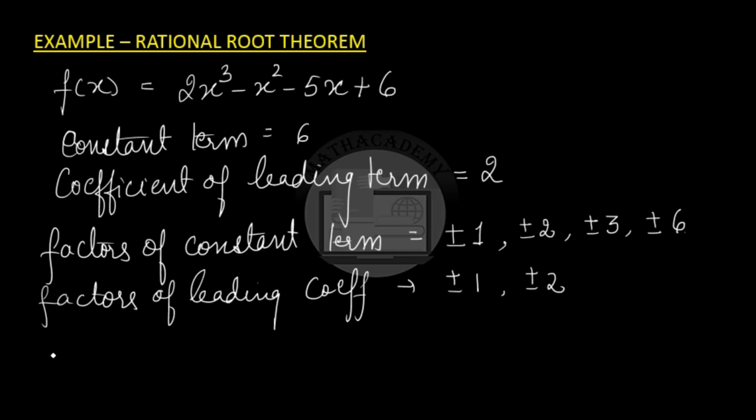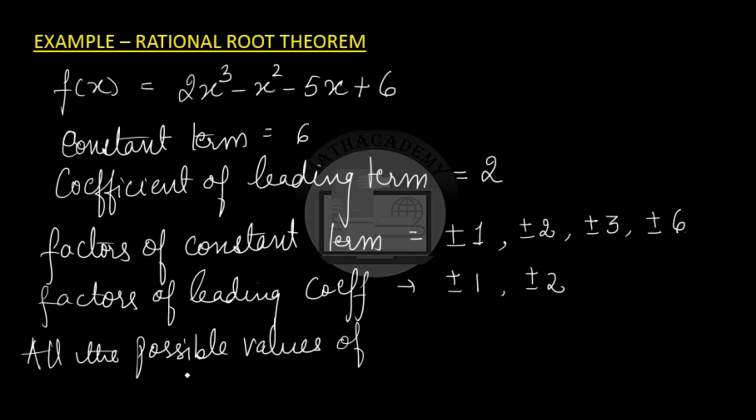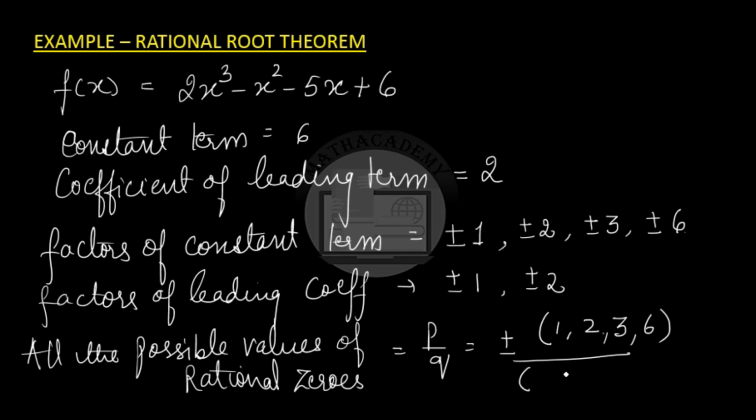So all the possible values of the rational zeros is given by p over q, which is plus or minus factors of the constant term divided by the factors of the leading coefficient. So what are the possible values here?